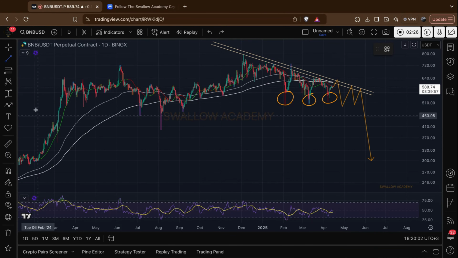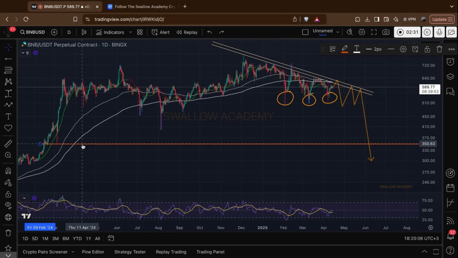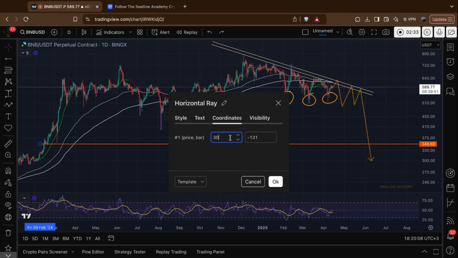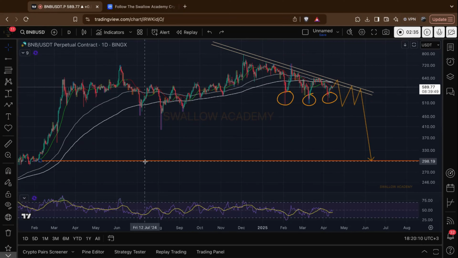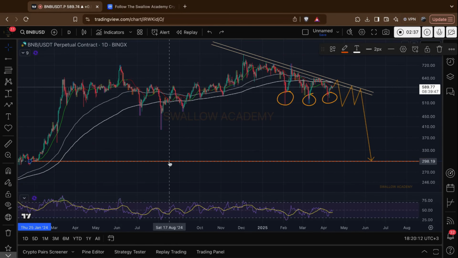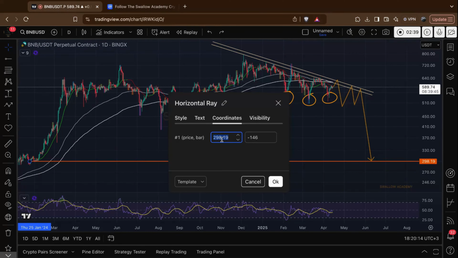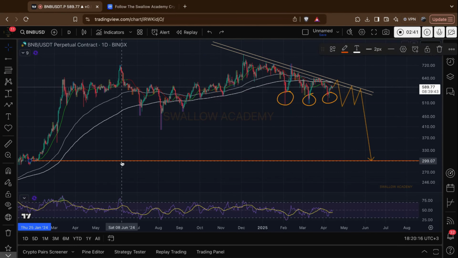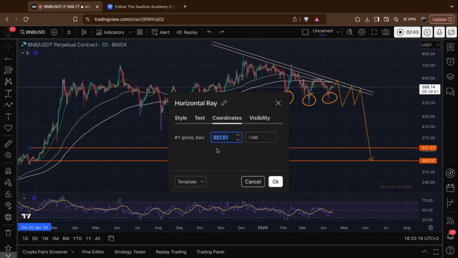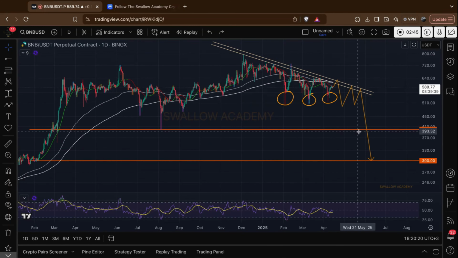The target zones for us are going to be, taking the horizontal line, the 300 mark. Let's put it back into the 300 and 400. So these two zones are the major targets for us.